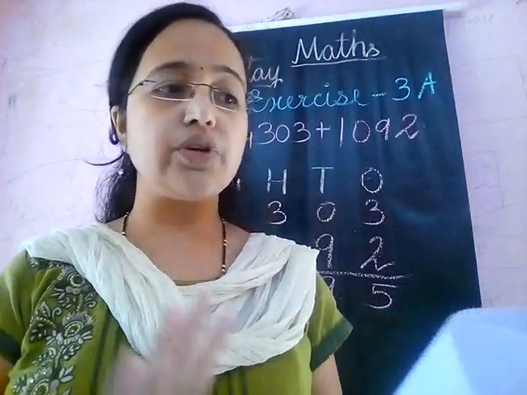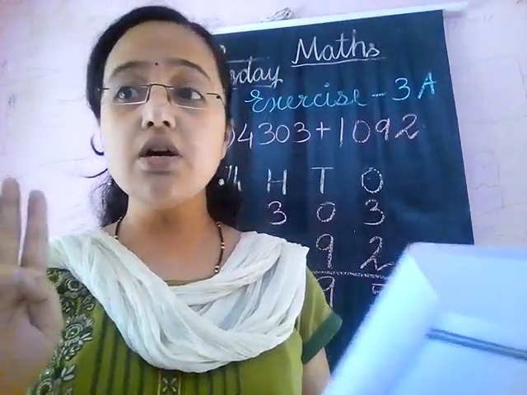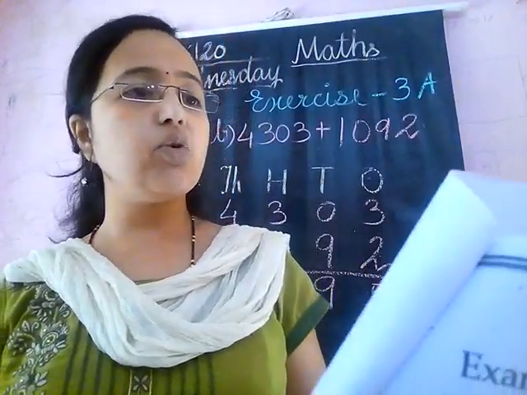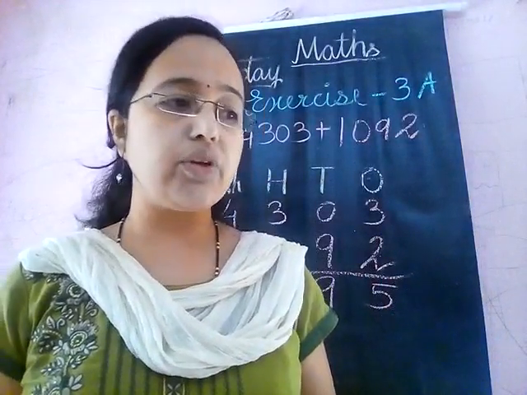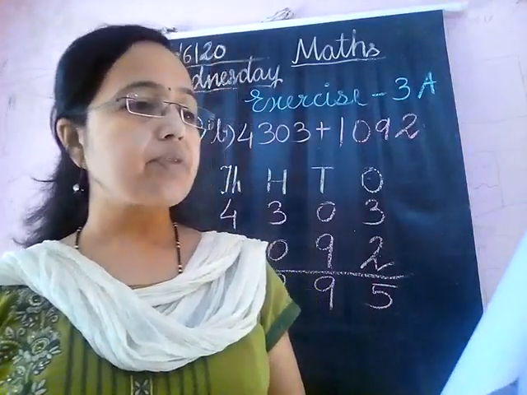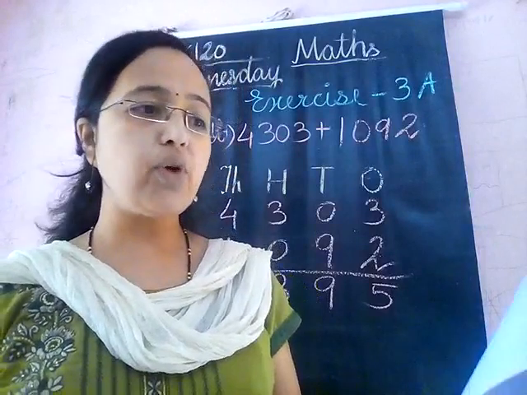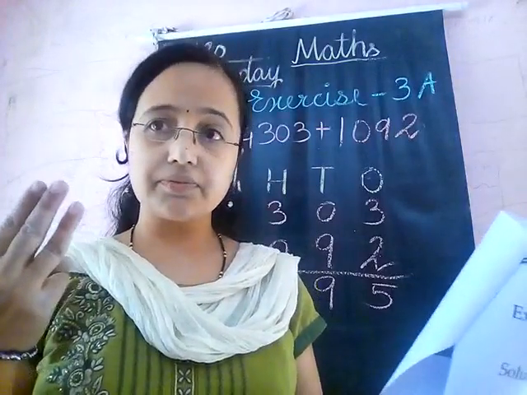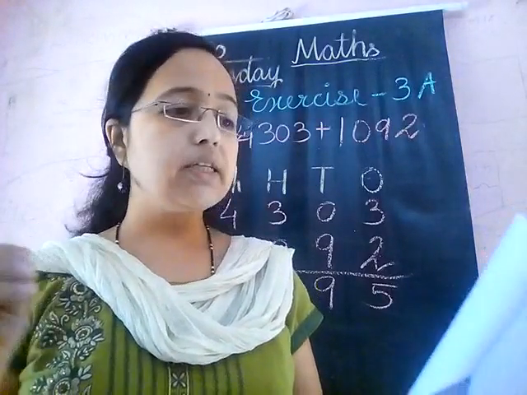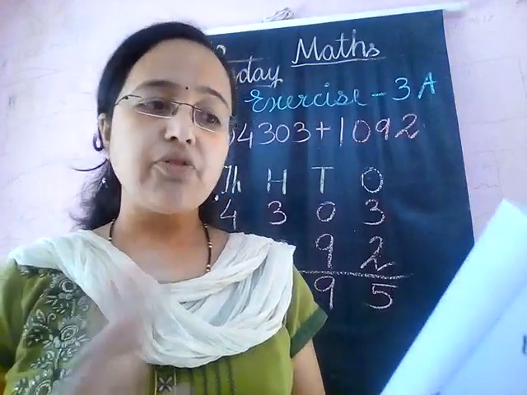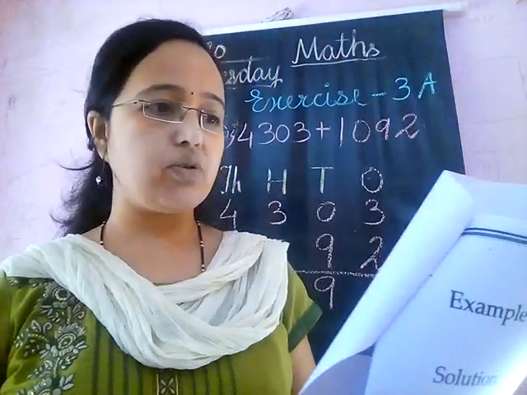Question number 2 and question number 3 you have to do in your notebook, and then we will go further. Add the following. Question number 4. See here also you have to add 3 numbers. 4-digit 3 numbers, but without carryover.